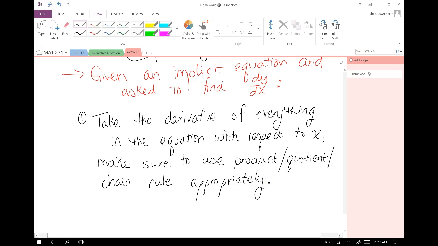So we just go through and we differentiate everything. And that's most of the work right there.